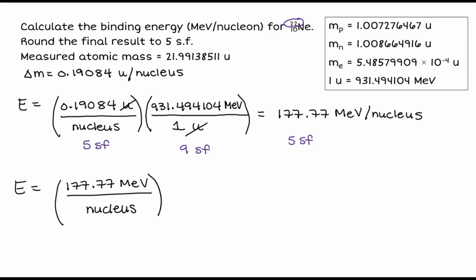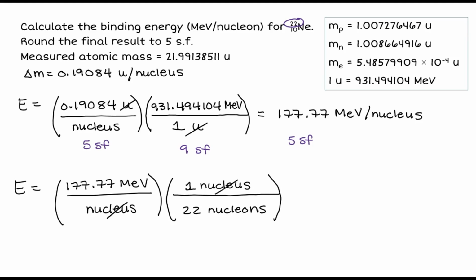And then I apply my nucleons. So 1 nucleus goes at the top, so those units will cancel, divided by 22 nucleons. Nucleus will cancel.